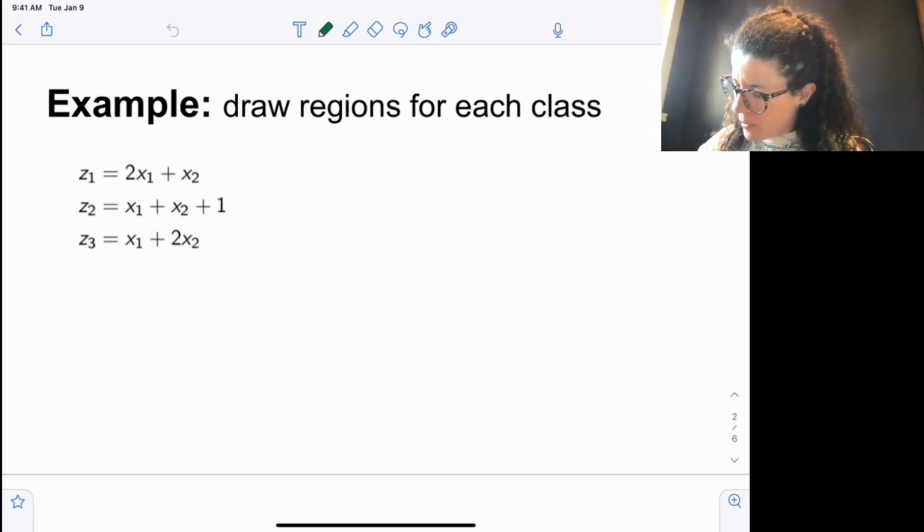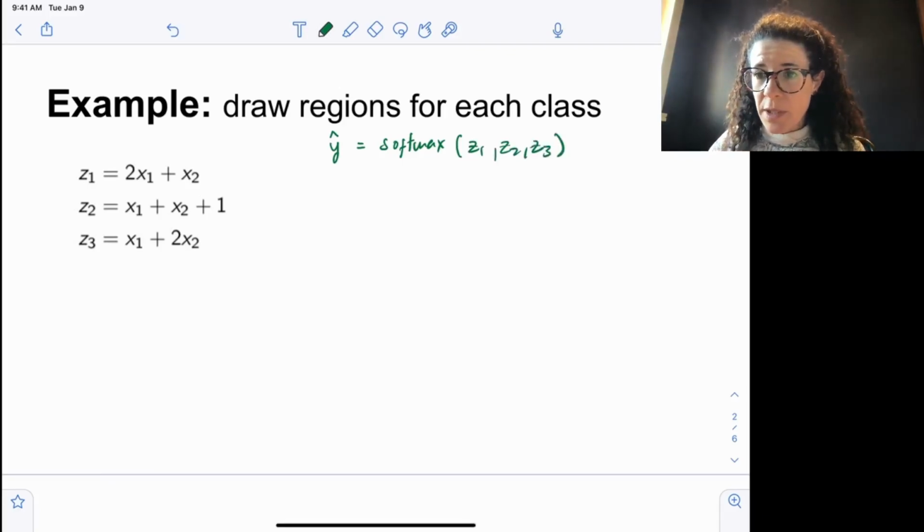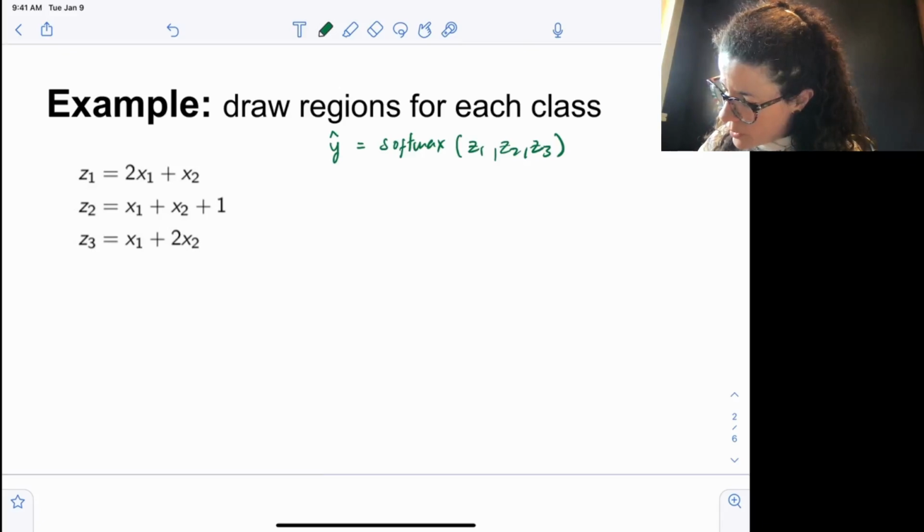As we said before, to get a y hat, a soft prediction, we're going to do softmax of z1, z2, z3. Now to get hard predictions, what we're going to do is argmax.